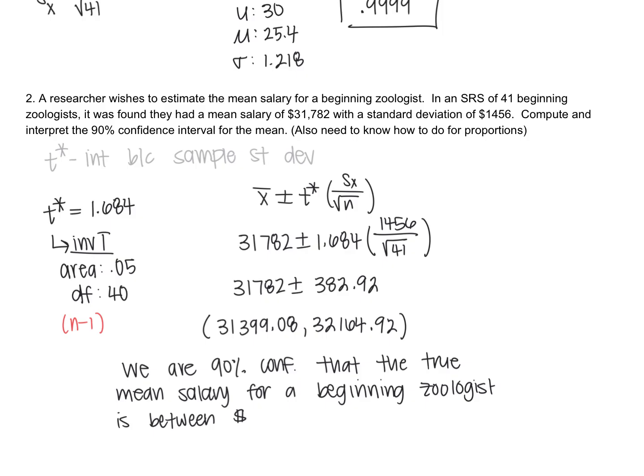So in this case, it's money. So $31,399.08 and $32,154.92.